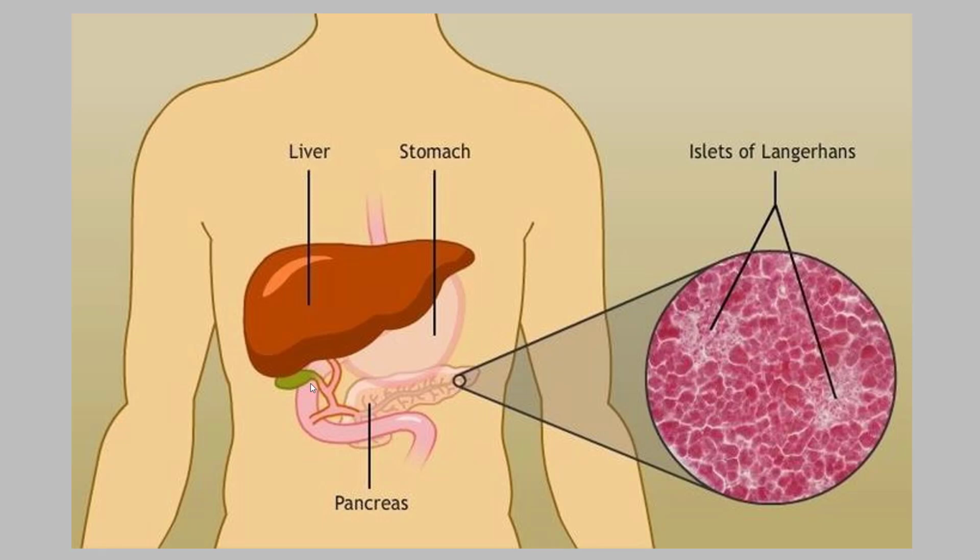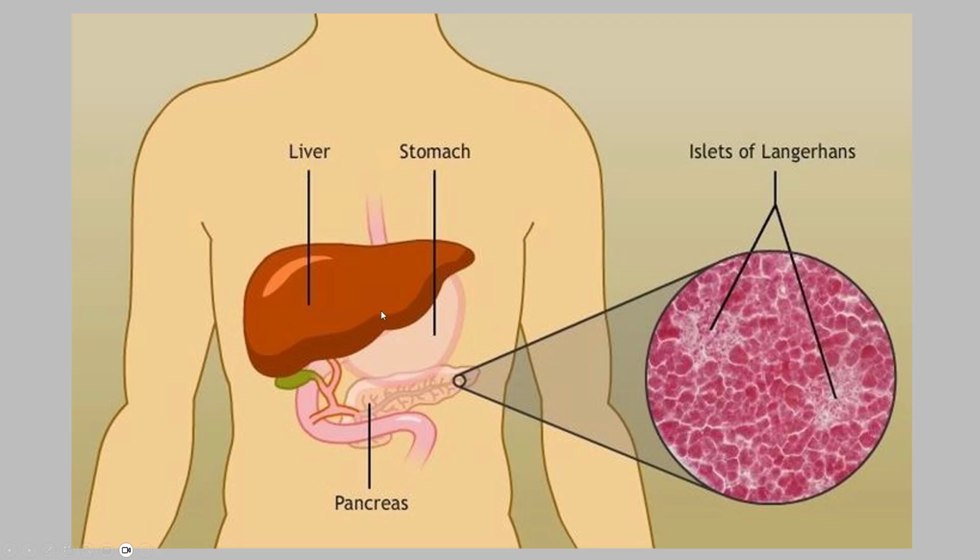Today we're talking about the pancreas. And the pancreas is kind of weird in that it is an endocrine gland and an exocrine gland. It is both. It's going to serve both functions. What we see here in this image, that's the pancreas right there.